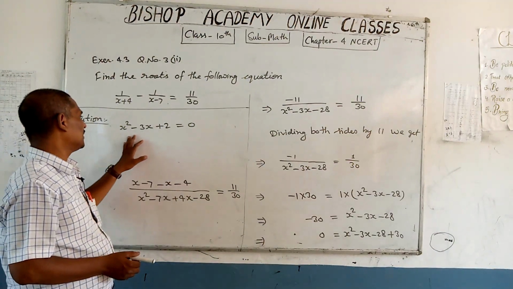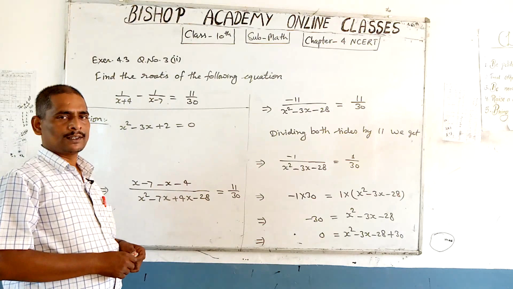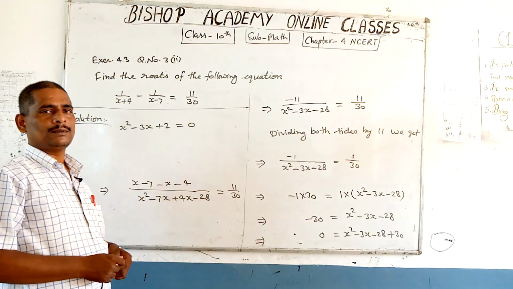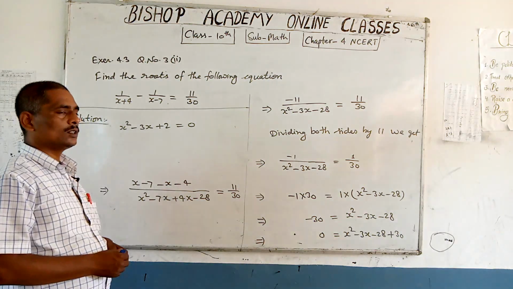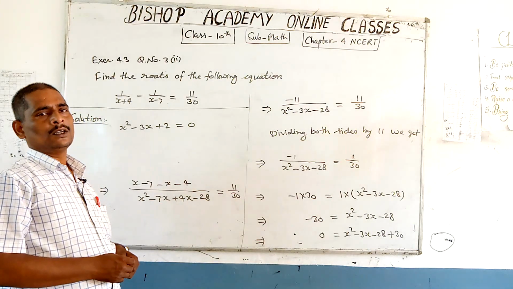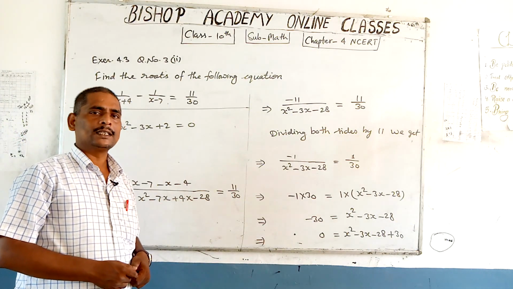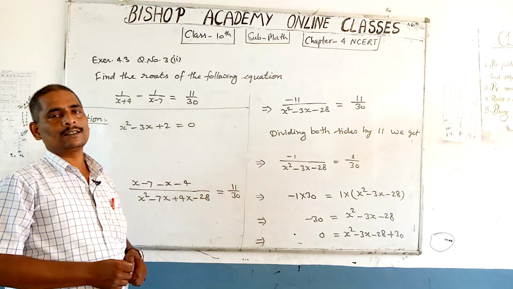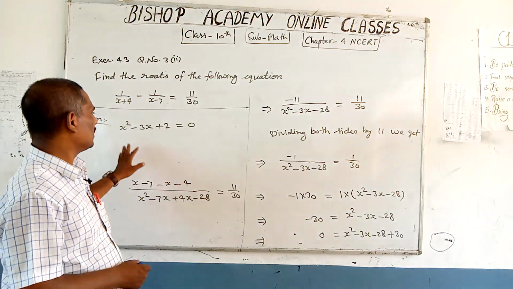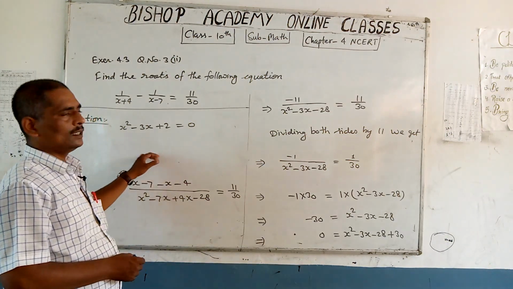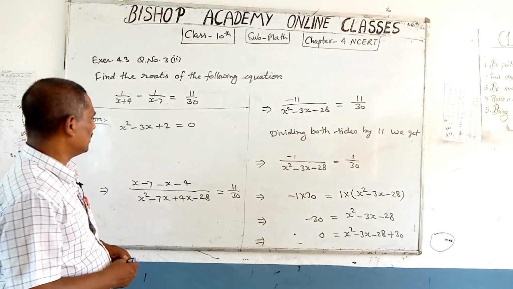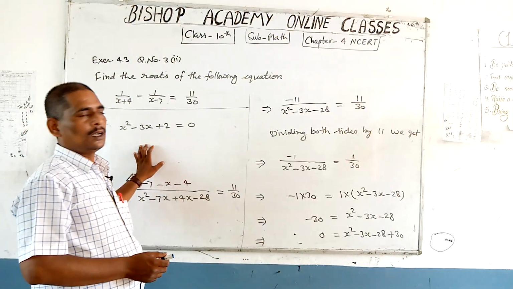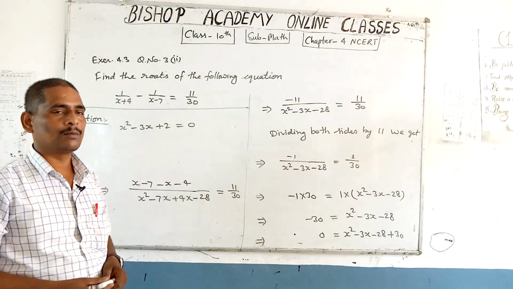Clearly you see that this is a quadratic equation, and you know quadratic equations can be solved by using factorization method, by using completing the square method, and also using quadratic formula. So you are free here to use any method to solve this. So here let us solve this quadratic equation using quadratic formula.